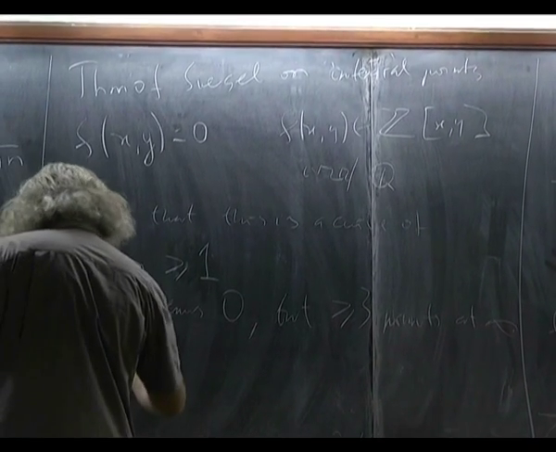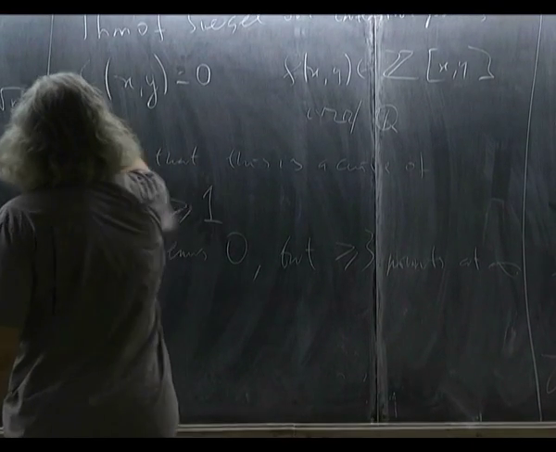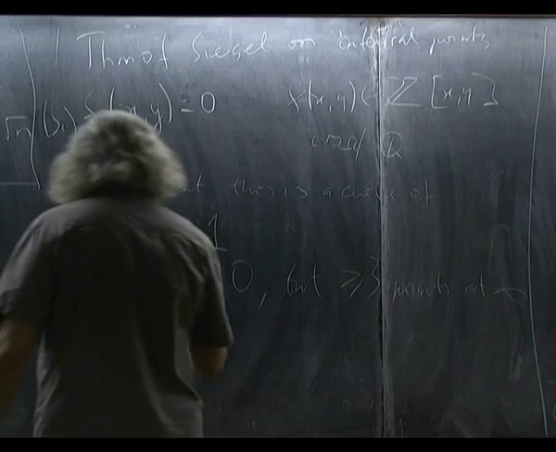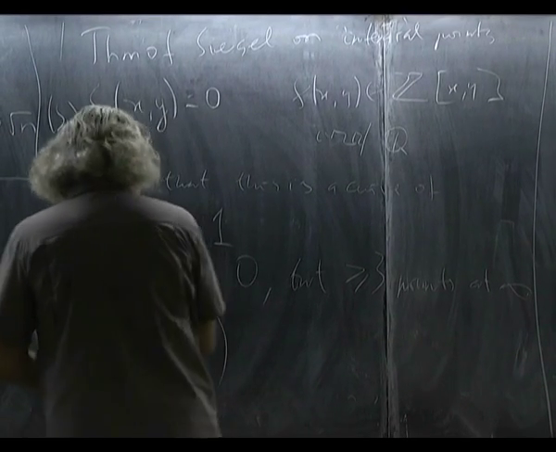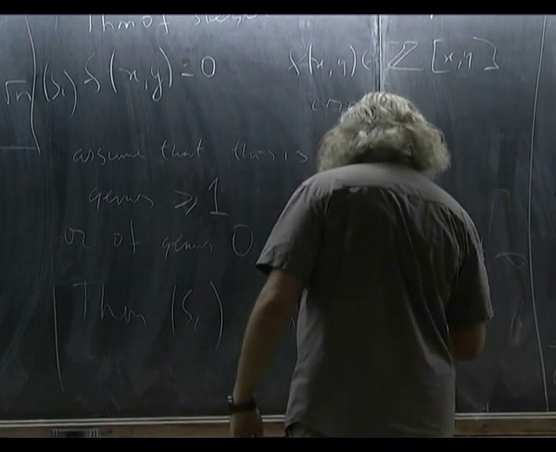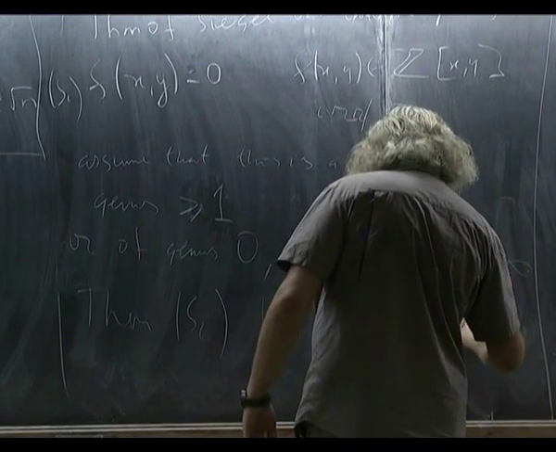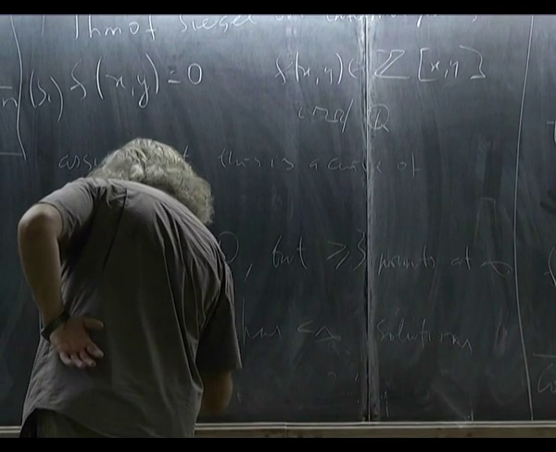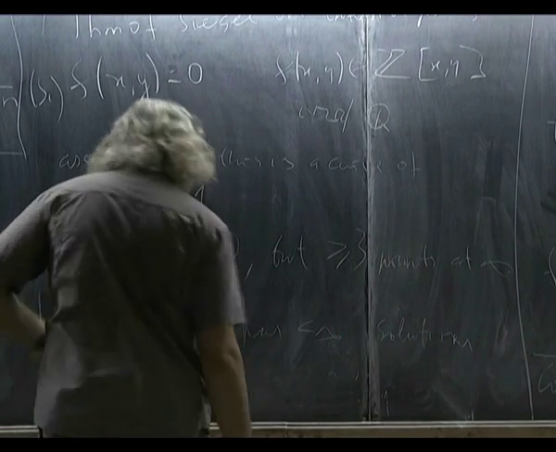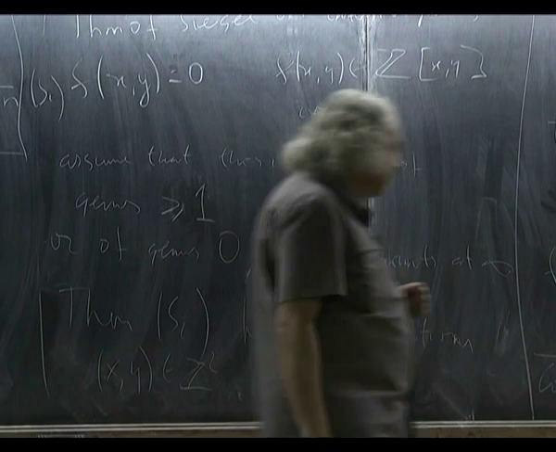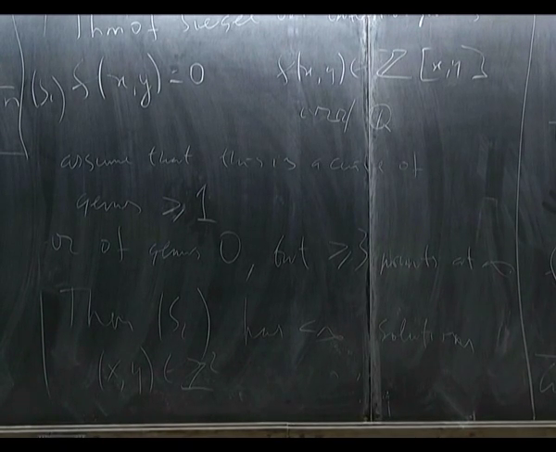Then the equation, call it Z, has finitely many solutions in integers. So a curve of genus at least 1, or of genus 0 but with at least 3 points at infinity, has only finitely many integral points.